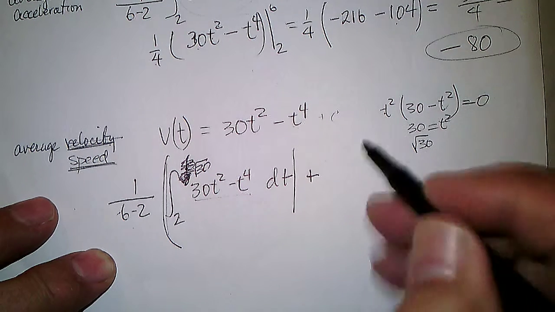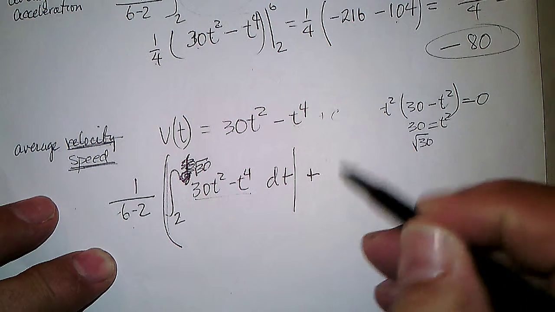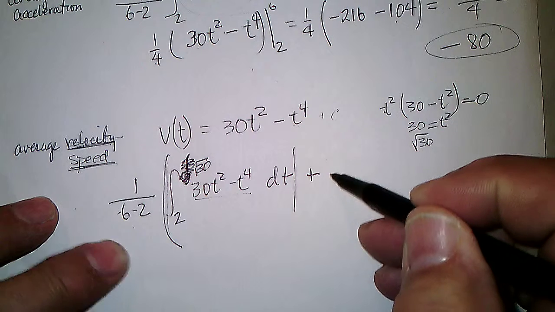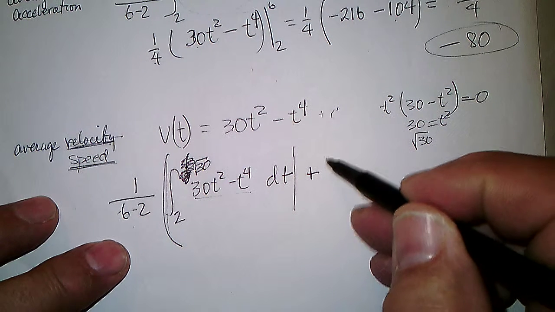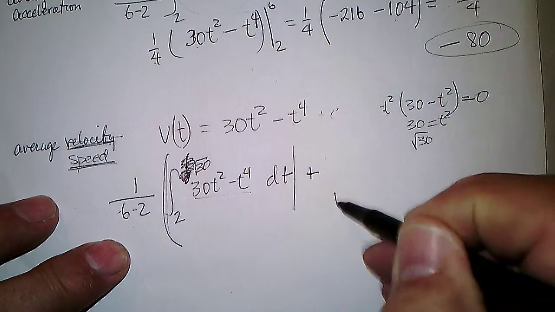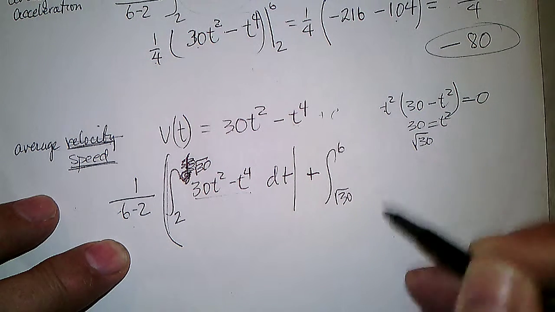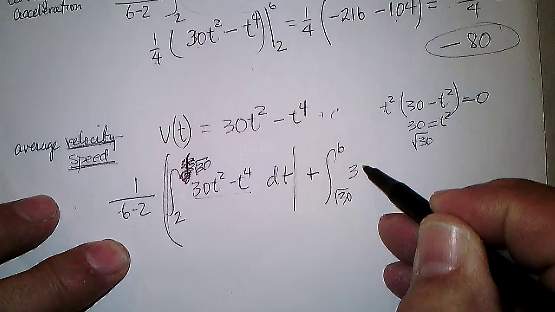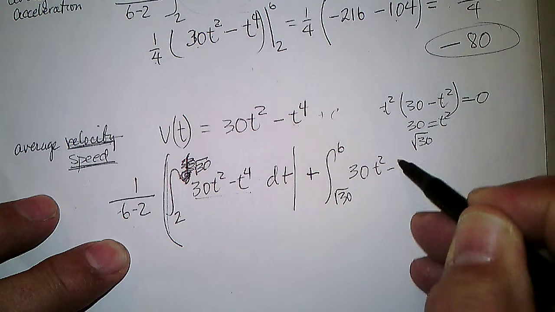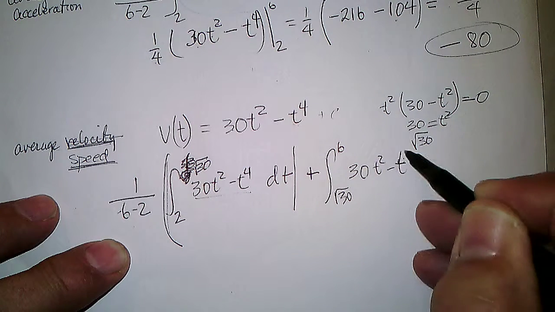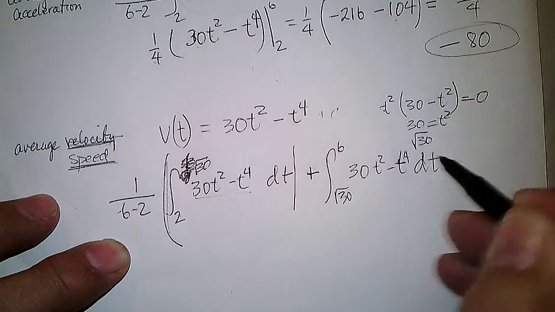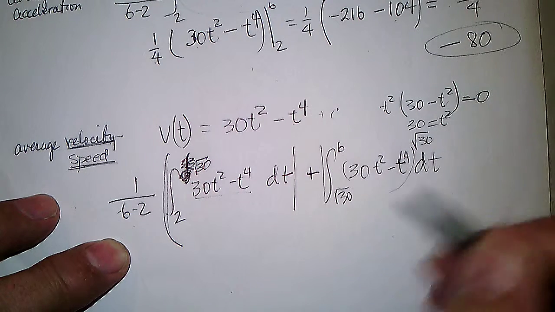And then we're also going to do it from square root of 30 to 6 of the same thing. And if this is not positive, we'll make it positive.